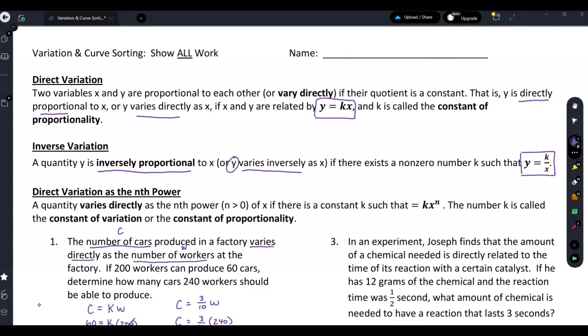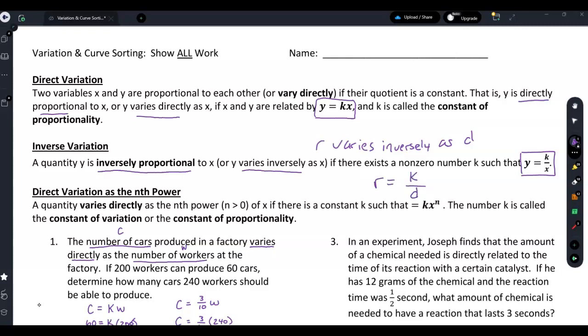And whatever the first thing is that varies inversely as the second thing determines what we'll put in the place of y and x. So for example, if we said that r varies inversely as d, then we would write r equals k over d.